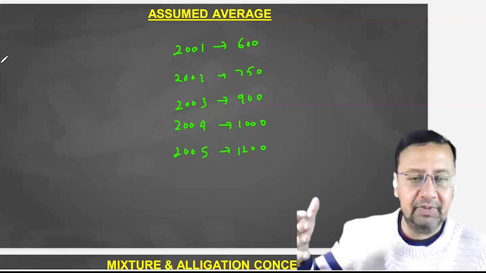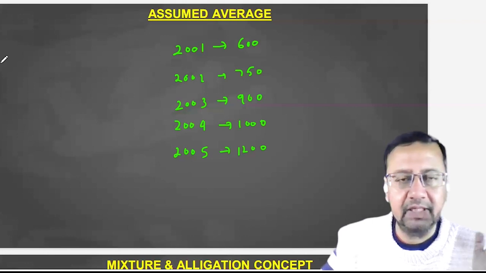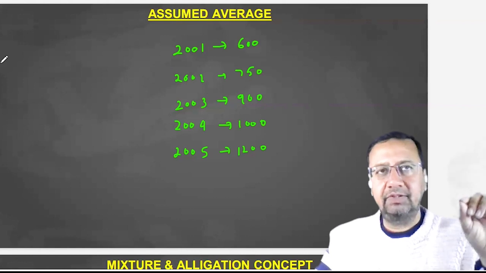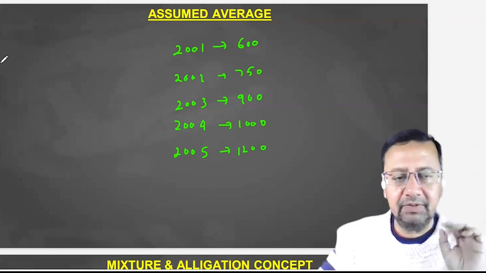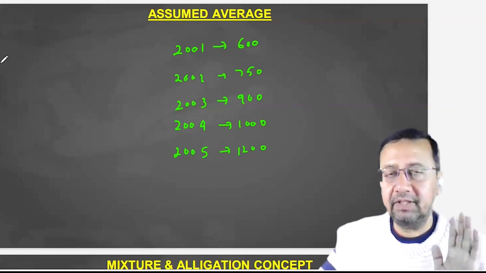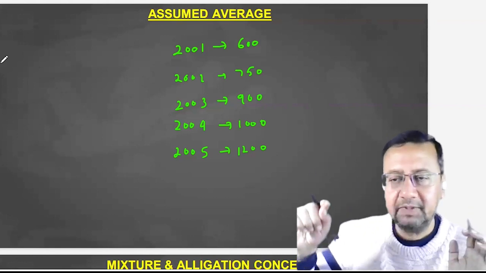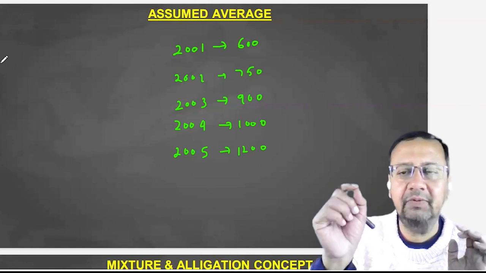Suppose you are going through today's stock market, BSE, or maybe some international Nasdaq. You are calculating, okay, this share is the average. You are taking an assumed average, right? Based on this zigzag graph of ups and downs, you assume the average value will be somewhere around this.